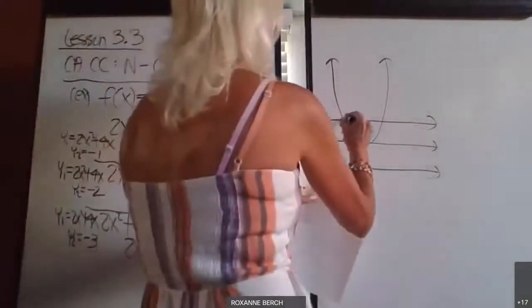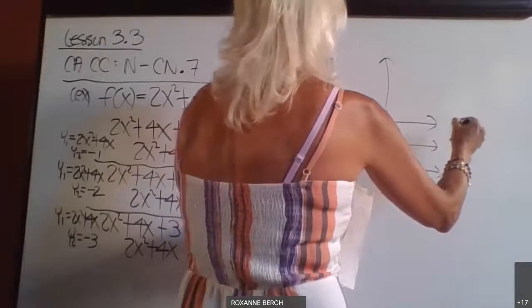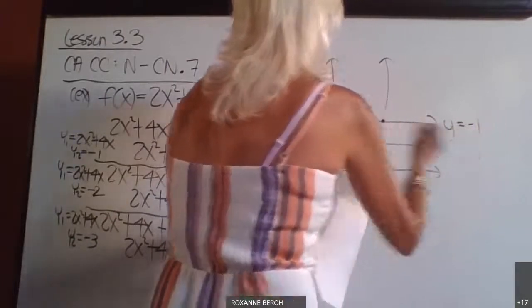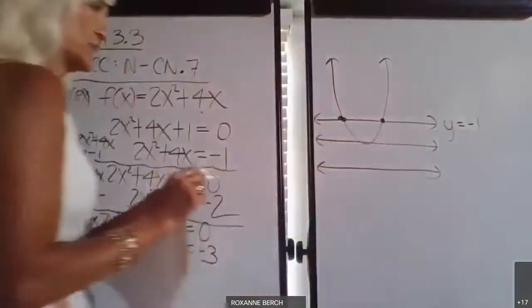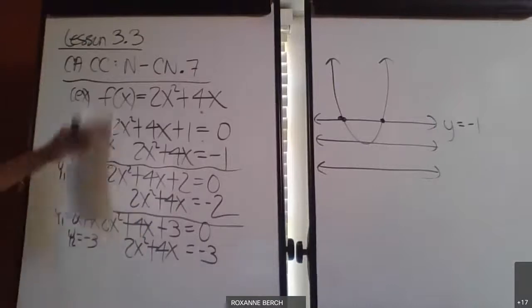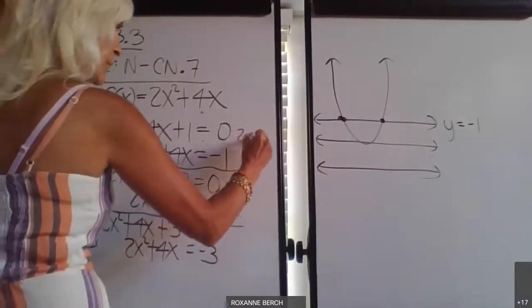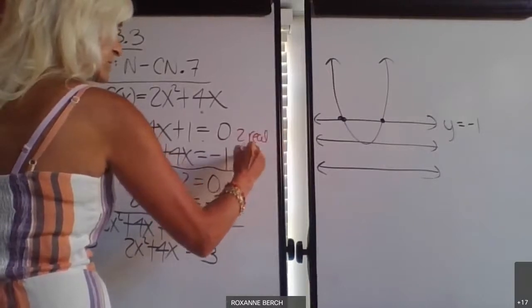This right here is for y equals negative 1, and that shows 2 real solutions because it's intersecting the graph twice. Now, we don't know what the solutions are. We don't care. We just know that there are going to be 2 real solutions.